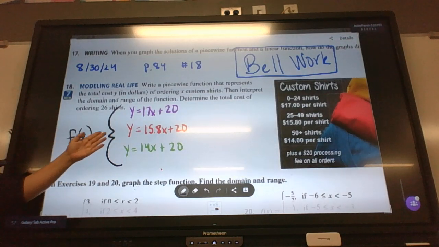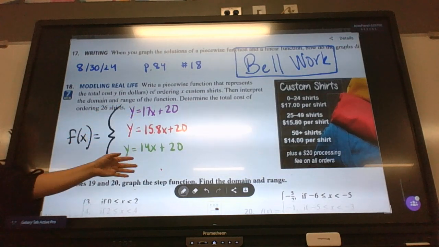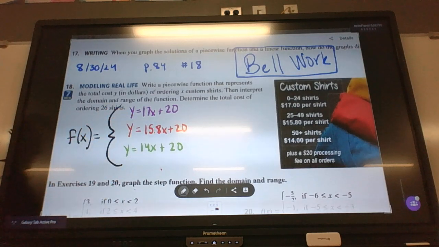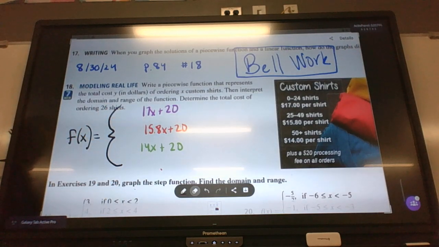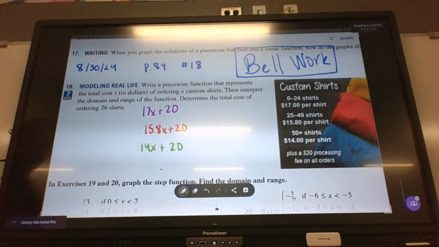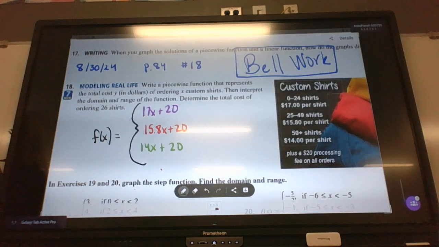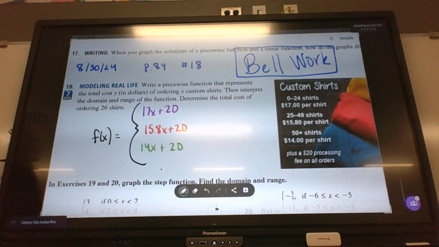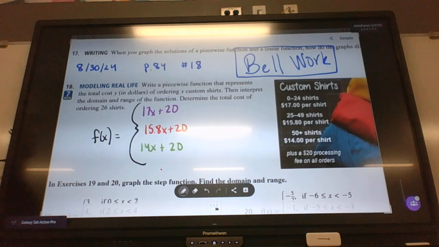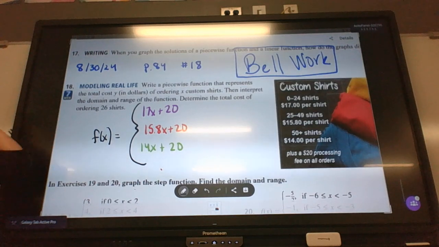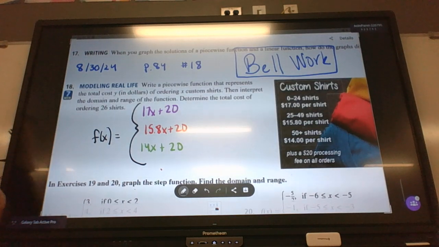And now that we have f of x equals in the fancy brackets, we can erase our y equals on each of these. I wish it was all a little bit closer. Let me try again. All right, it's looking fancier and fancier, more and more official, more and more like one function. It's all t-shirts after all.